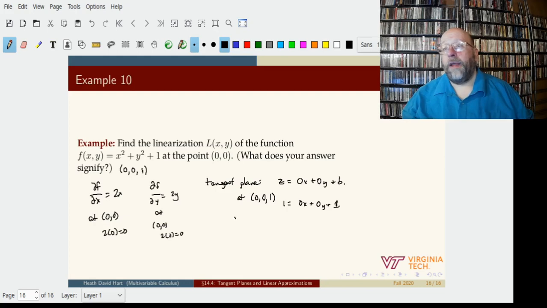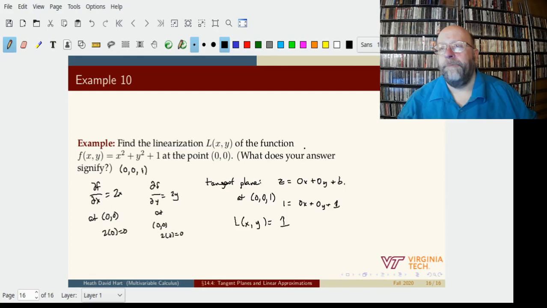All right, so the linearization is the same equation, just with the z replaced by the linearization. It's just equal to 0x plus 0y plus 1. The linearization is a constant function here.